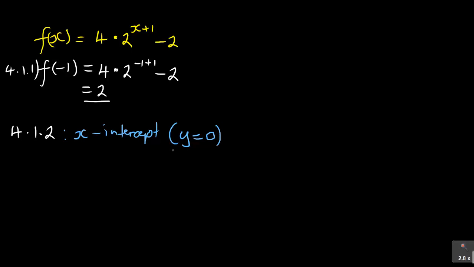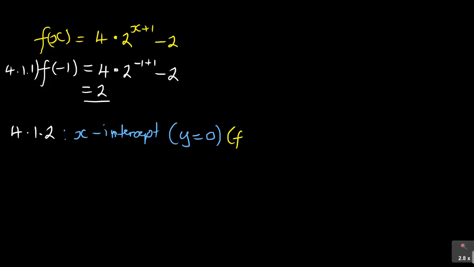When they talk about the y-intercept, you must know that at that point x is equal to 0. And that word intercept means the point where the graph will cut the axis. So that point where the graph cuts the x-axis is called the x-intercept. So in this case, if we're going to find the x-intercept, we said y is equal to 0.